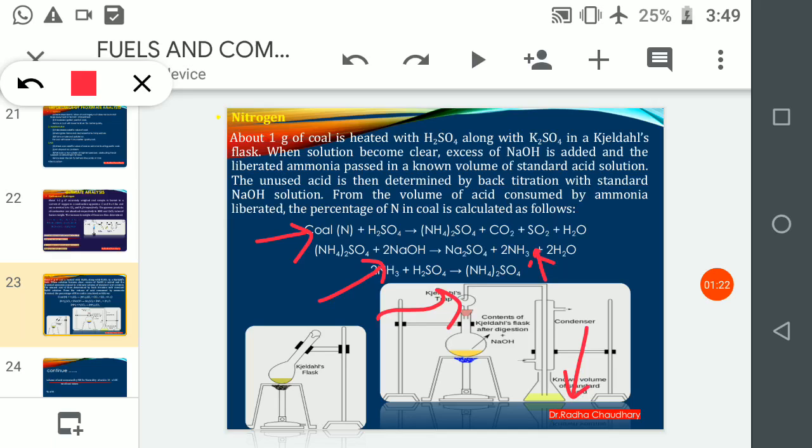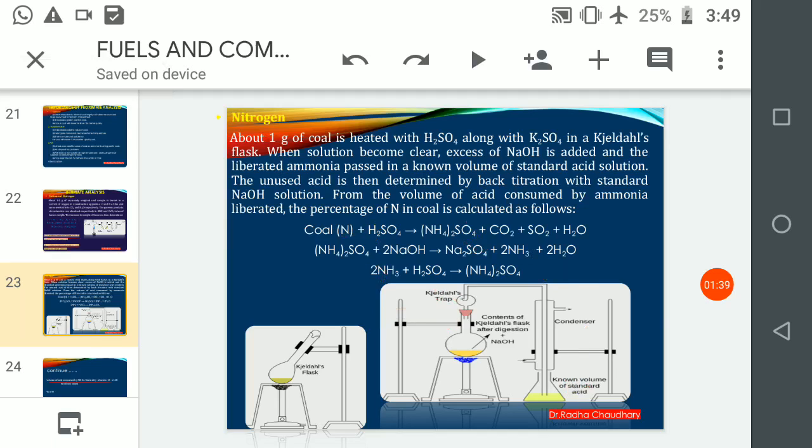You can see the reactions. Nitrogen reacts with H2SO4 and there is a formation of ammonium sulfate. On treatment with excess NaOH, it is converted into sodium sulfate. Then ammonia reacts with the H2SO4 and again there is a formation of ammonium sulfate.